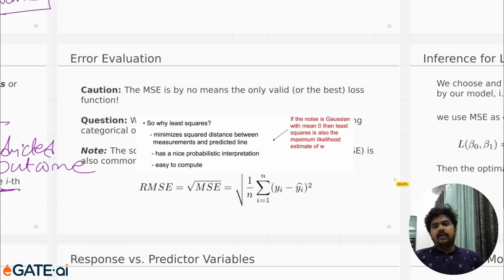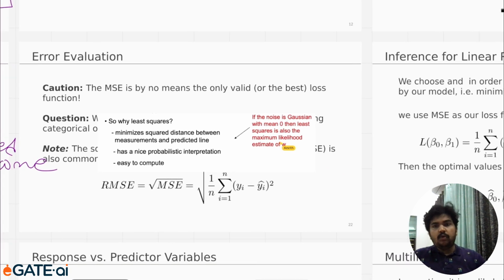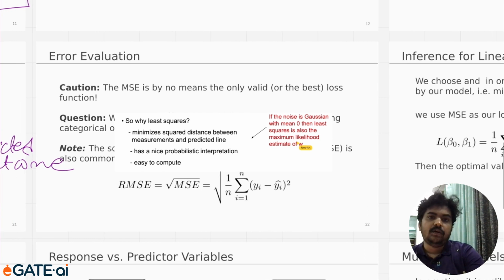So mean squared error is by no means the only valid or the best loss function. But what is special about this least squares?